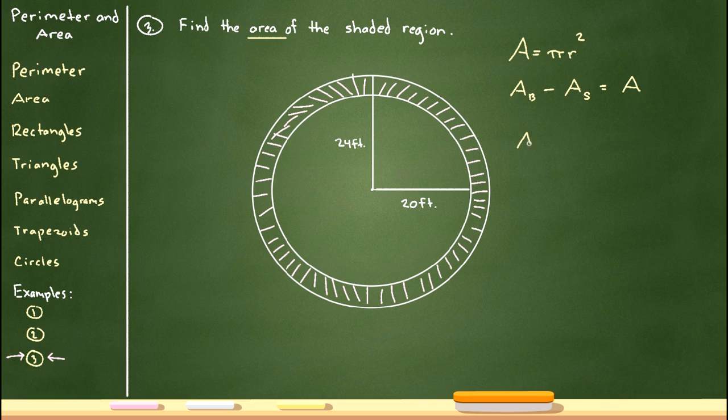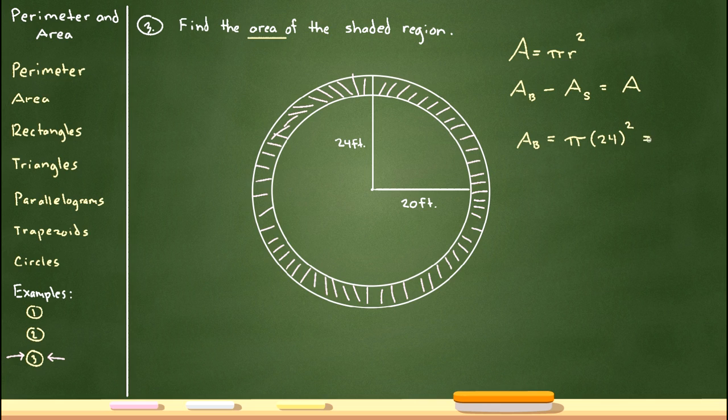So the area of the bigger circle is going to be pi. Now what's the radius of the bigger circle? Well, we have that. The radius is 24. So pi times 24 squared.